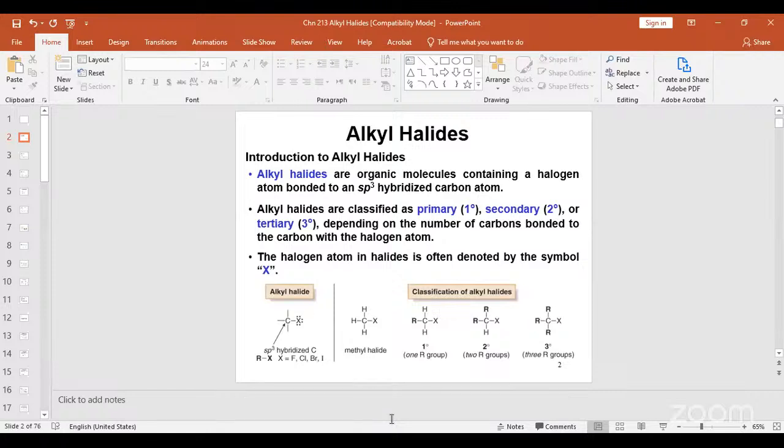You can see here, I have a carbon. Around that carbon, you have 4 different single bonds, and that is why it is an alkyl halide.